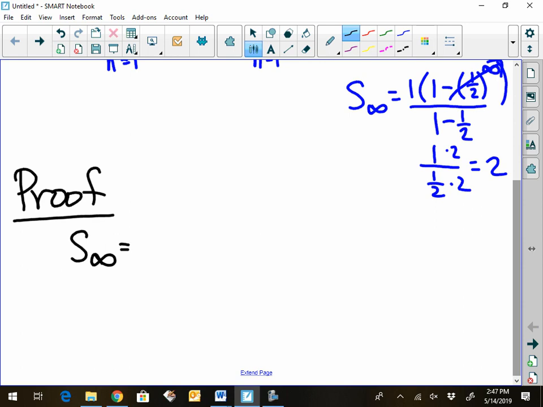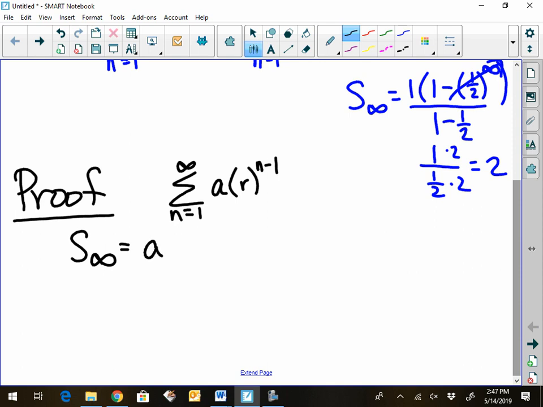So if we have our infinite series, I'm going to write this on the line above. If I say I have n equals 1 to infinity of a geometric series, so a times r to the n minus 1.